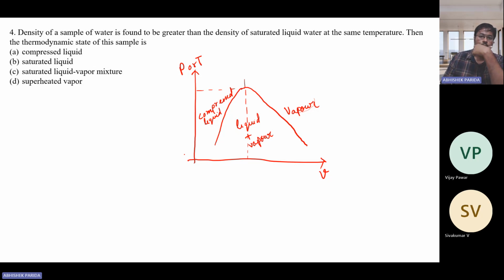Now it is telling that we are taking a sample and the density of that sample is greater than the saturated water density. So let us take the reciprocal of it. The reciprocal of density is specific volume, so the specific volume of the sample will be less than the specific volume of saturated water.